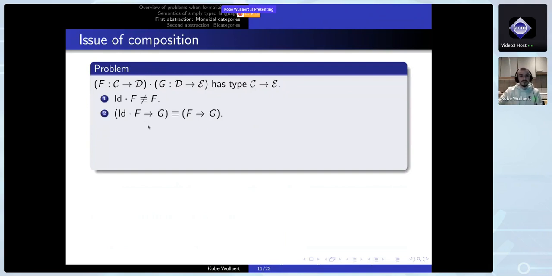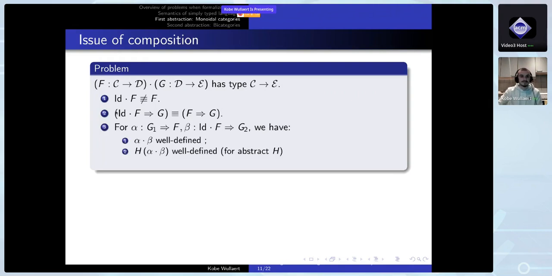On the other hand, what you do have is that the type of natural transformations which start in f is convertible with the type of natural transformations which start with f composed with the identity. This is just because natural transformations do not depend on the laws of the functor.